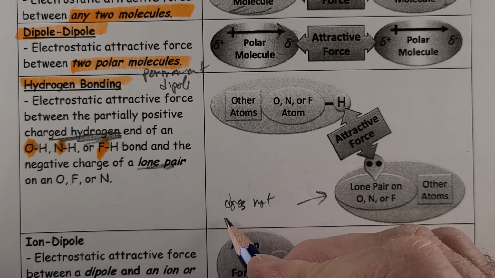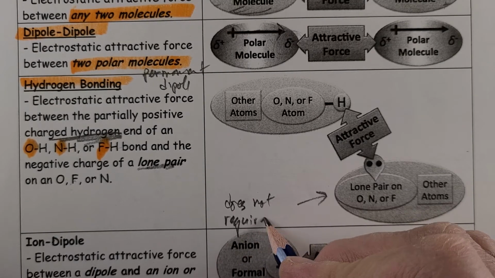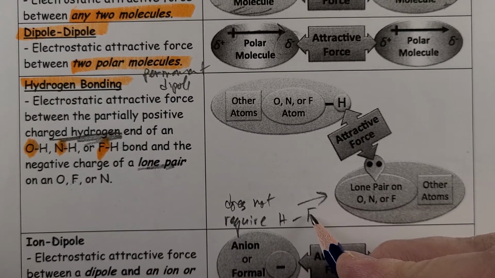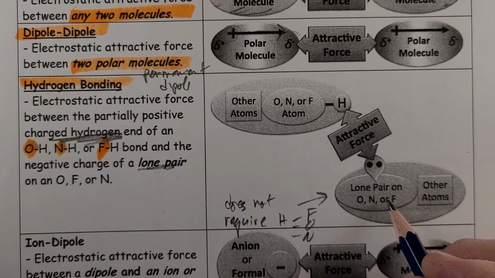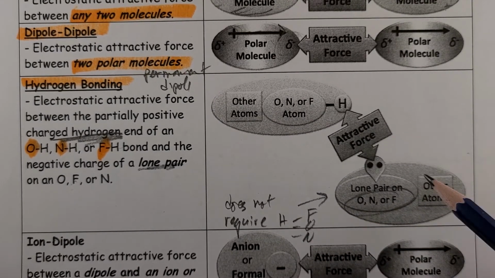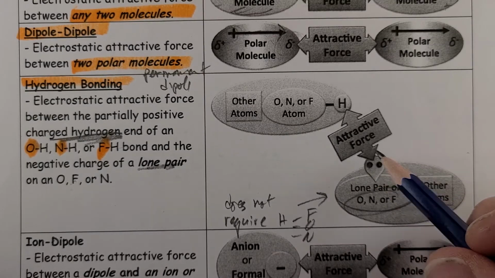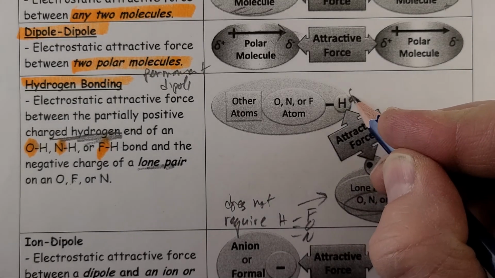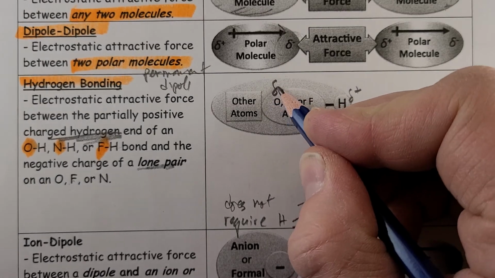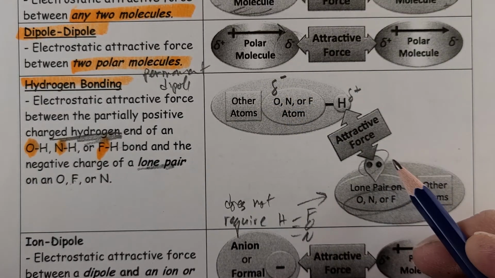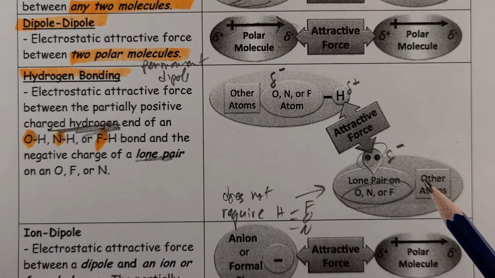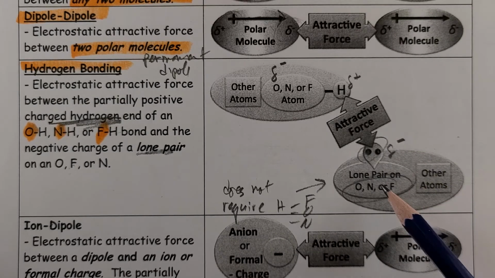It does not require H bonded to an F, O, or N. It just simply has to be an F, O, or N. So we have your F, O, or N, we have their lone pairs of electrons. This positive H will be attracted to that negative area of that neighboring molecule.